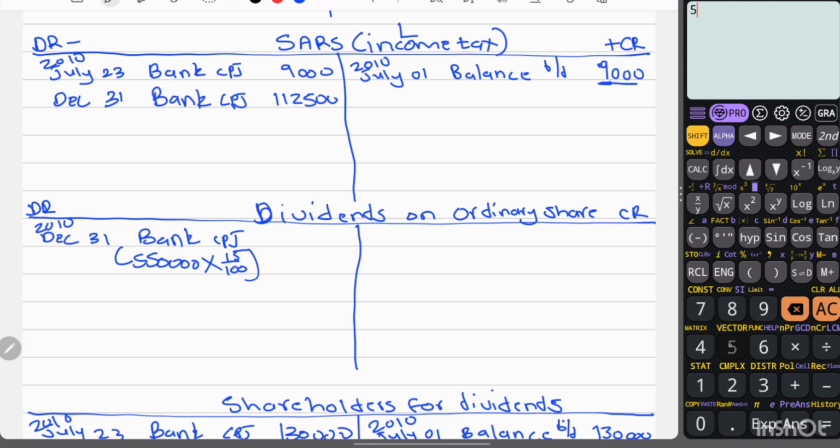How much is our interim dividend? 550 multiplied by 0.15 is 82,500. I'm not putting the zeros intentionally, guys. When I'm writing my answer I put the zeros, but on my calculator I'm not putting the zeros.